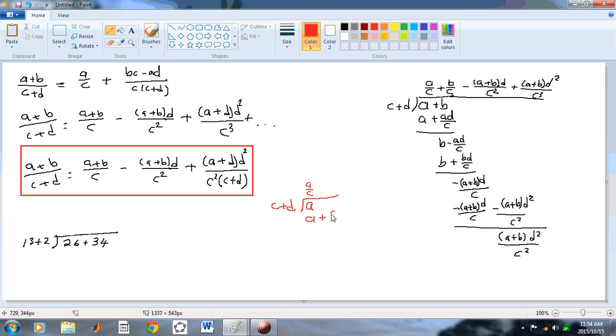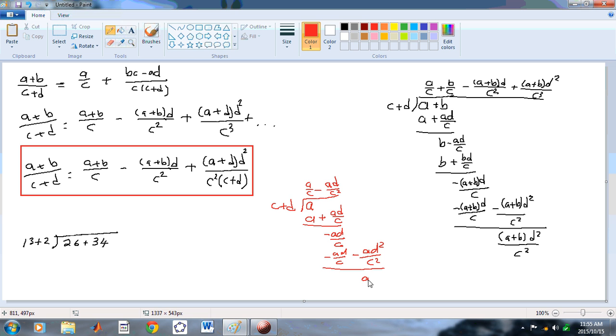And this will give us AD over C, right? Which will give us minus AD over C. And then again, we're going to get minus AD over C squared. And so we'll have minus AD over C minus AD squared over C squared.